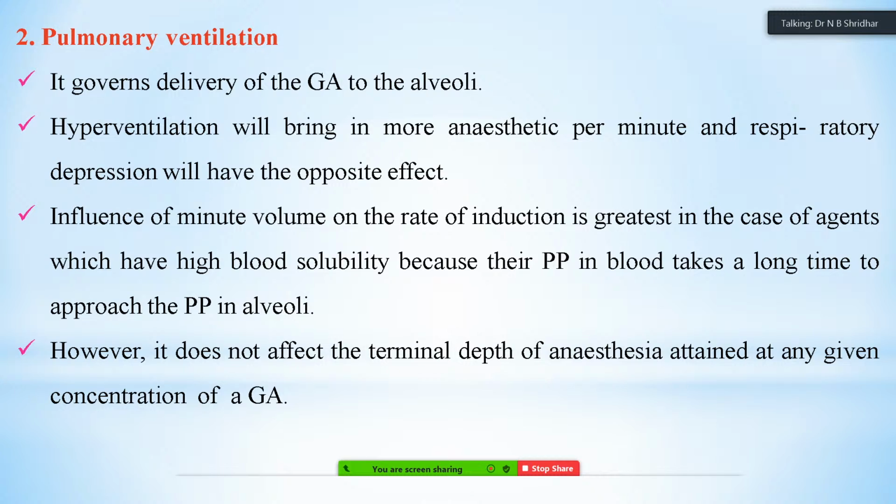If the lung has more ventilation, hyperventilation brings more anesthetic gas to the alveoli, and if respiration is depressed, the quantity of gas that reaches the alveoli will be less.